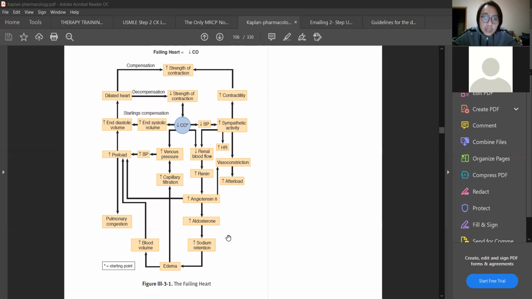Second, tissue effect. As you already know, angiotensin 2 is one of the most potent vasoconstrictors. So it will cause vasoconstriction, which is also from angiotensin 2 and your sympathetic nervous activity, which we're going to talk about later. Second will be left ventricular hypertrophy. That's still under tissue effects. Third is glomerular fibrosis.